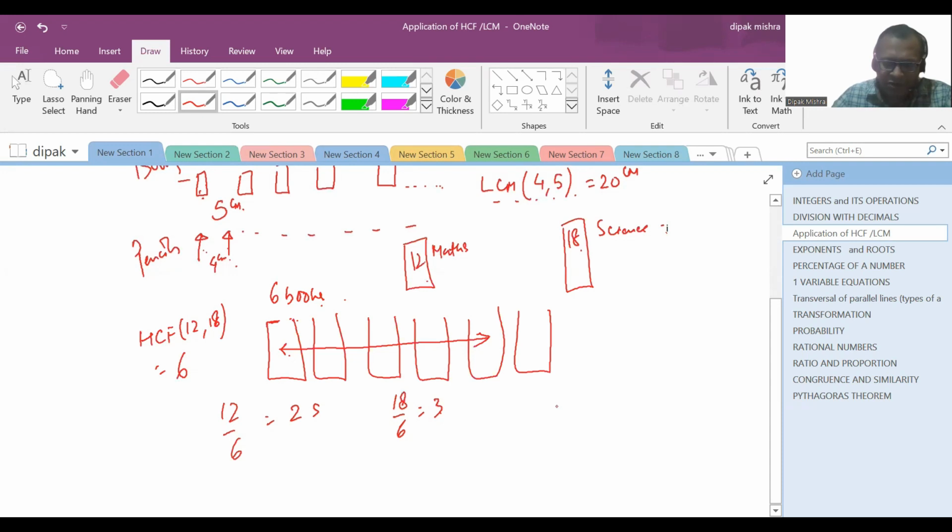But if the question asks what is the maximum number of books that you can place in each shelf, then you have to find that number which completely divides 12 and 18, which is the HCF of 12 and 18. That being 6.